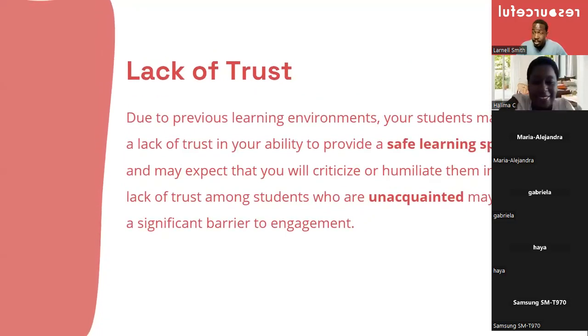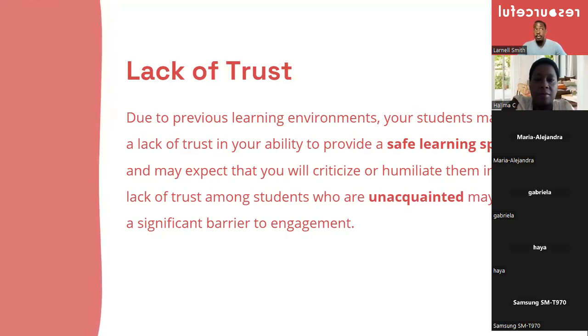So, lack of trust. As I said earlier, previous learning environments can be negative, and your students may not believe or trust that you can provide them with a safe learning space. What I mean by a safe learning space is that they don't feel like they're going to be criticized or humiliated in public in front of their classmates, their colleagues, and that what you have to say to them in terms of feedback is constructive.